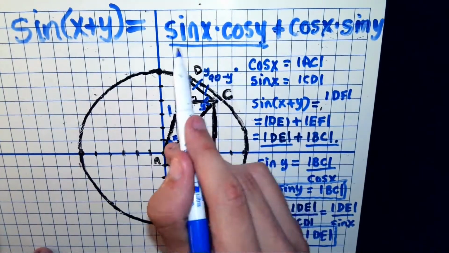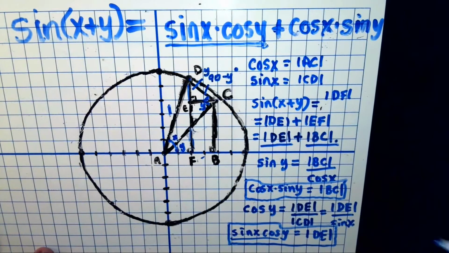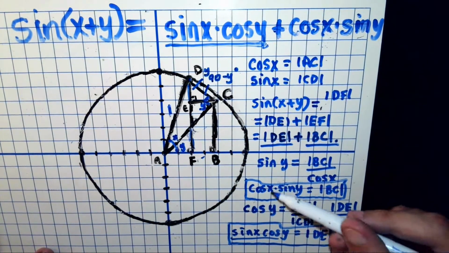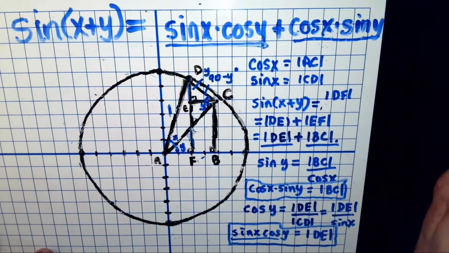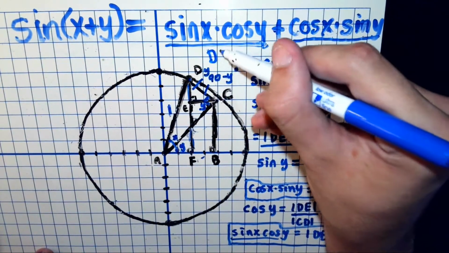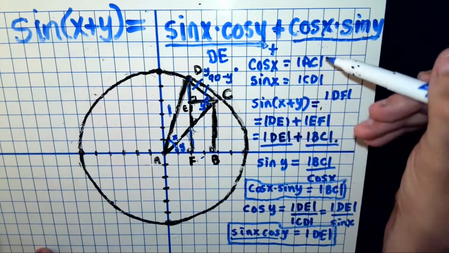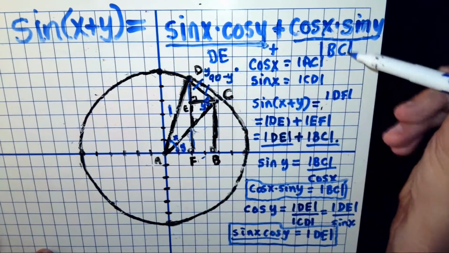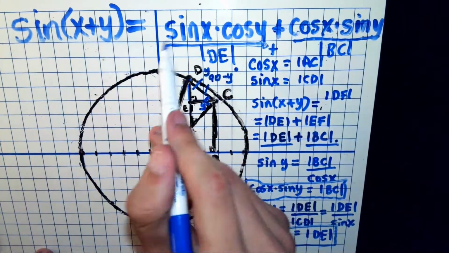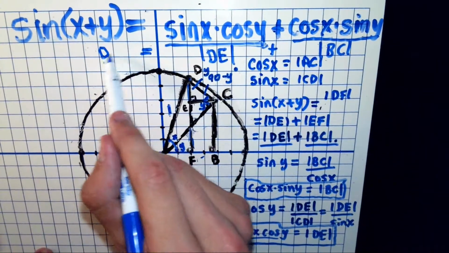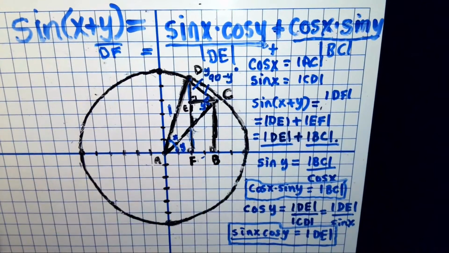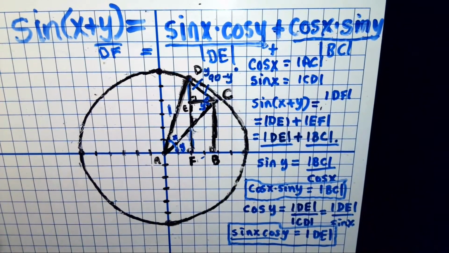And cosine x sine y is BC. So this is DE plus BC, which was DF, and that was sine of x plus y.